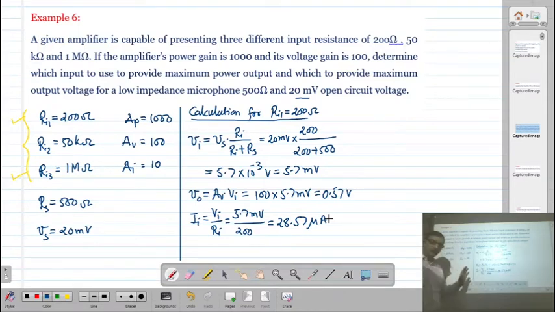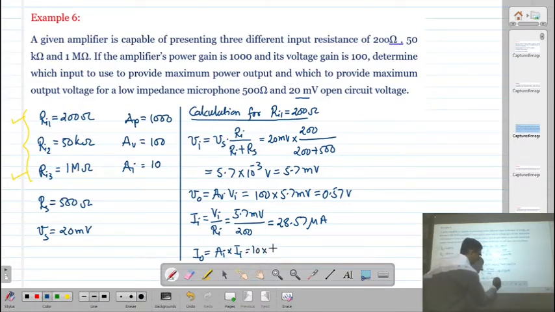Only thing is that you should know the method. Once you have calculated the input current, then I can find the output current. It is the current gain times the input current. So the current gain is 10 multiplied by 28.57 microampere. So you can say 285.7 microampere.